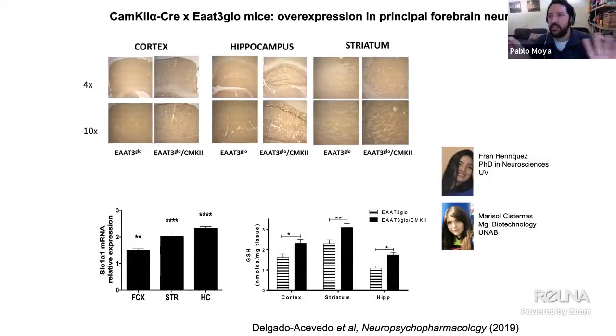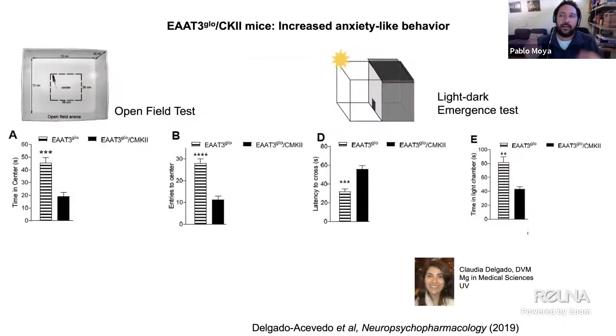Okay. So we crossed the conditional transgenic mice with CAM kinase 2 alpha to increase expression in forebrain principal neurons in general. We demonstrated the increase of expression in a variety of regions, at protein, messenger RNA and functional levels. So now we go to the behavior. Anxiety.